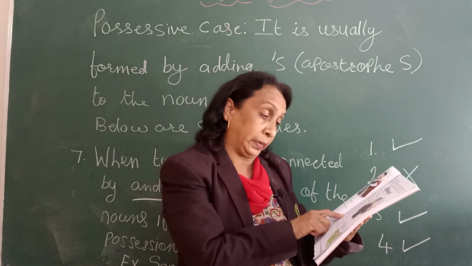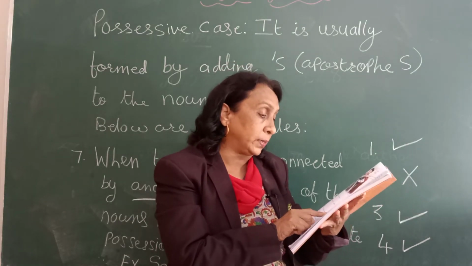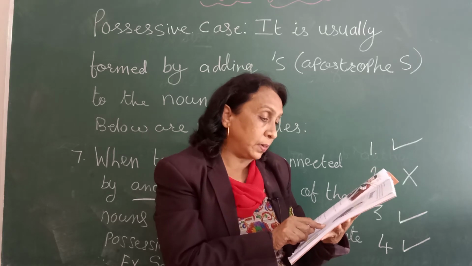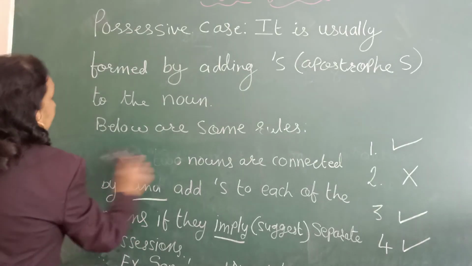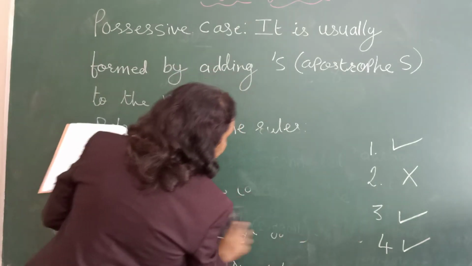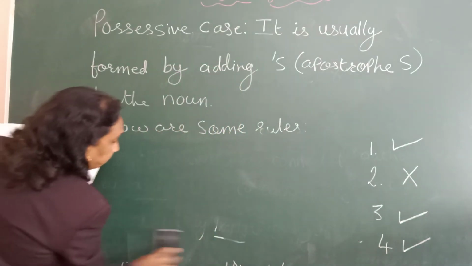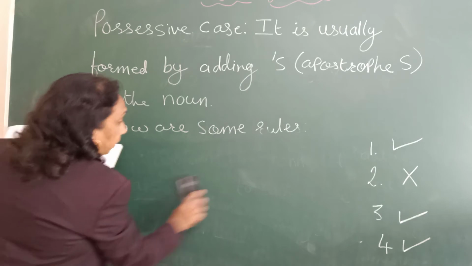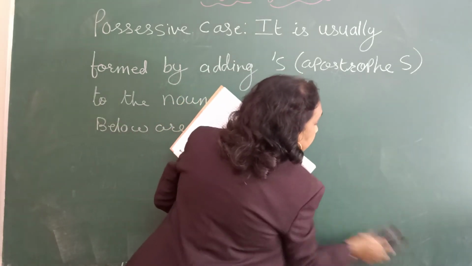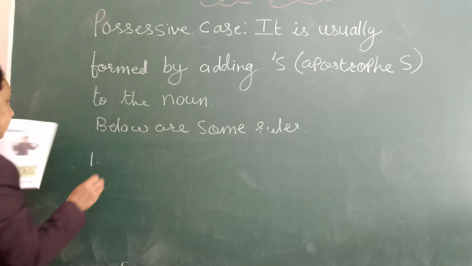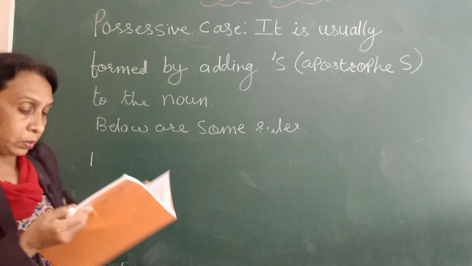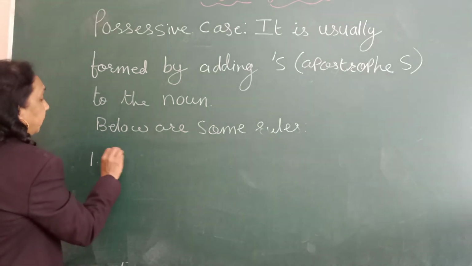Now, look at the question. Correct the following sentences. The table's legs are broken. Now, we have to write the sentence properly. This does not sound good. So, what will be the first sentence?